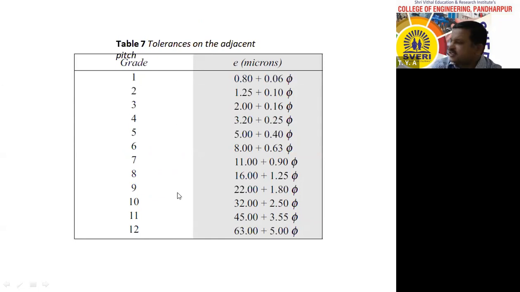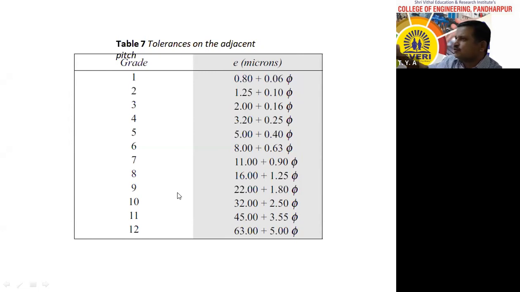Now these grades depend upon the method of manufacturing. What are different manufacturing methods? Casting, welding, rolling, forging. These are the manufacturing methods.